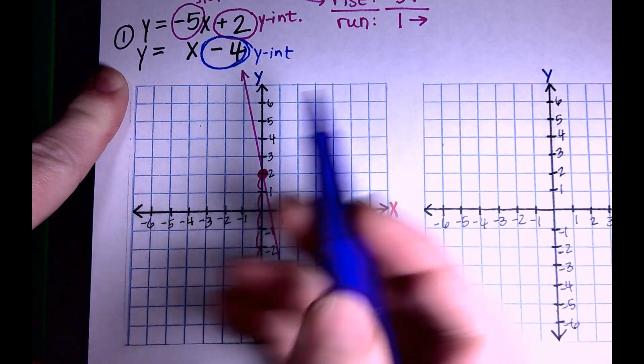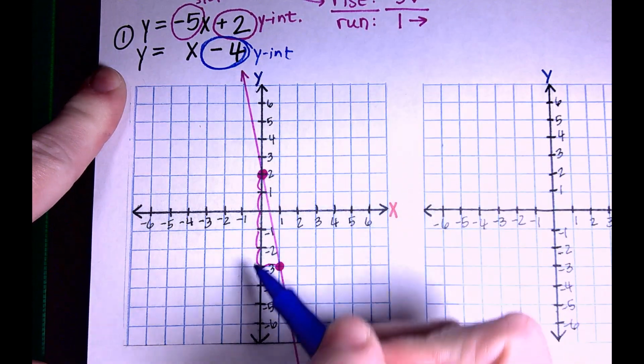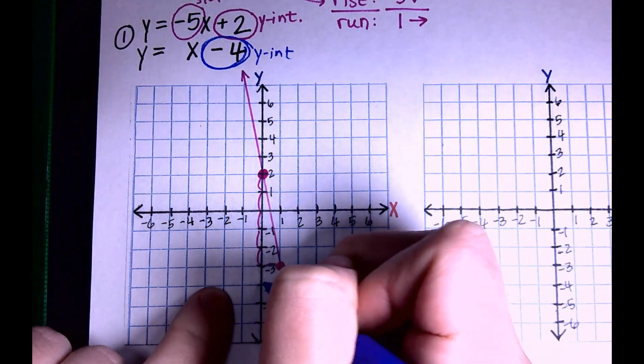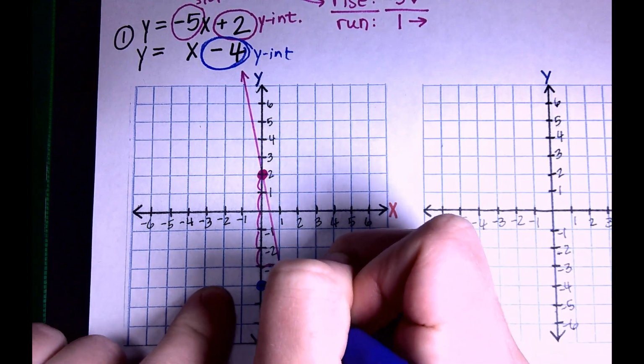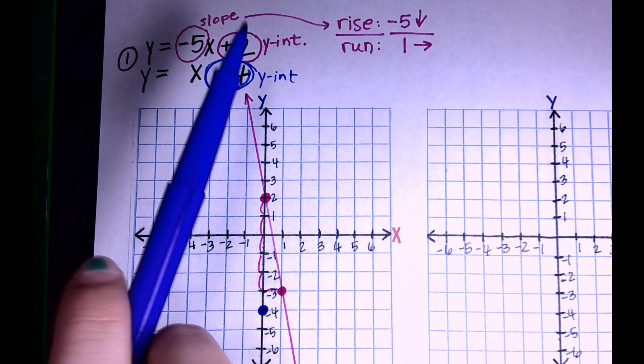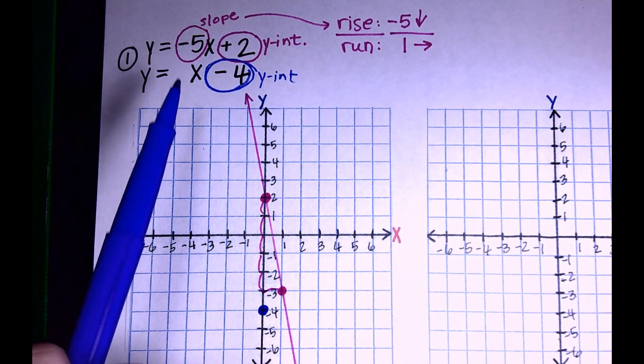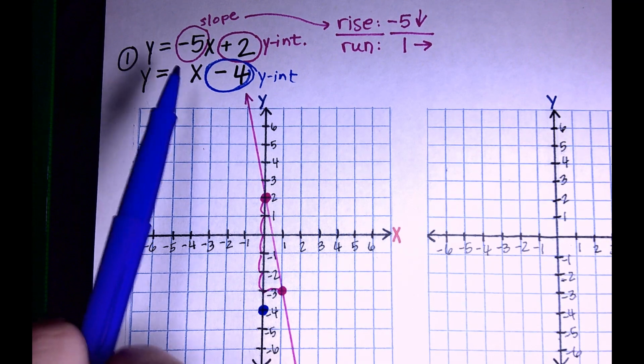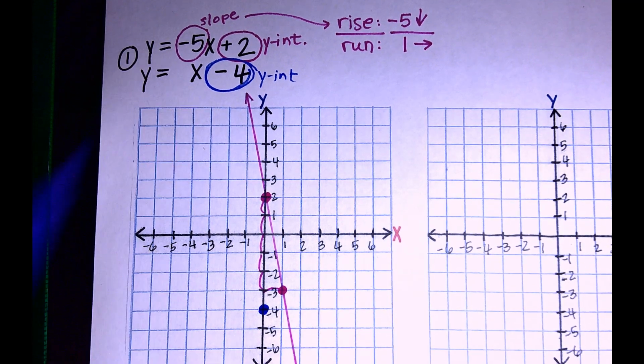So I'm going to go on the y-axis down to negative 4, and I'm going to make a point. Now, I know my slope is the number that's next to x, but there's no number here. What does that mean for our slope? It's 1.